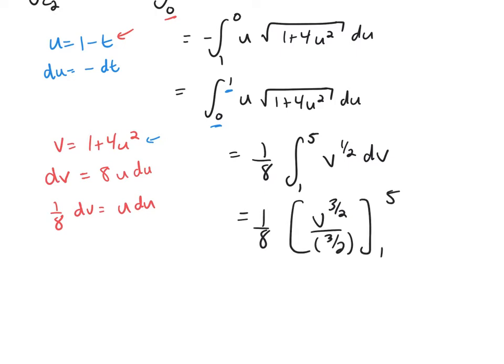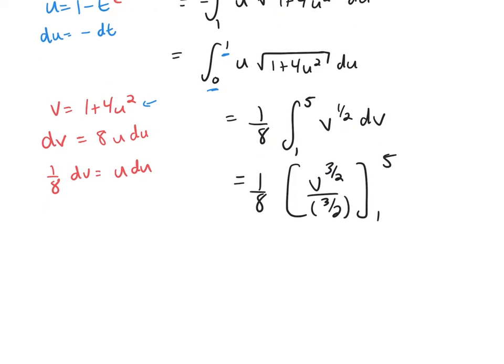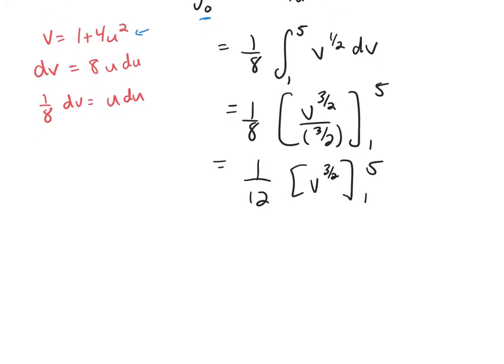If you simplify your fractions here, you'll get a 1 over 12 times v to the 3/2. So 1 over 12 times (5 to the 3/2 minus 1).